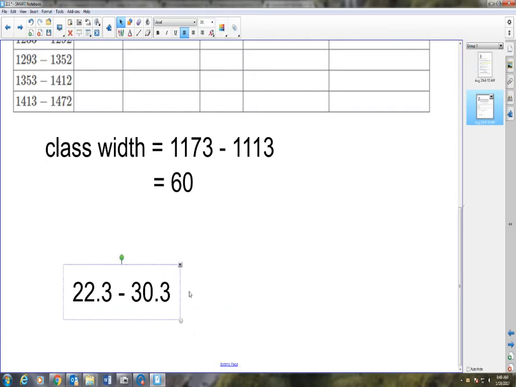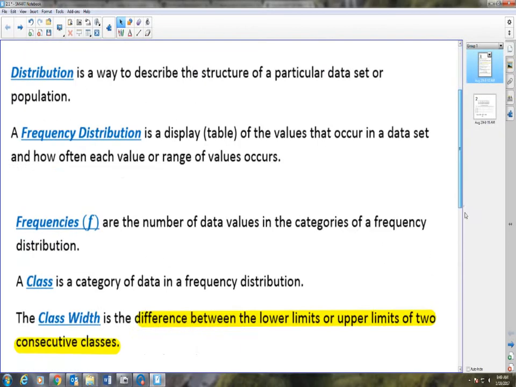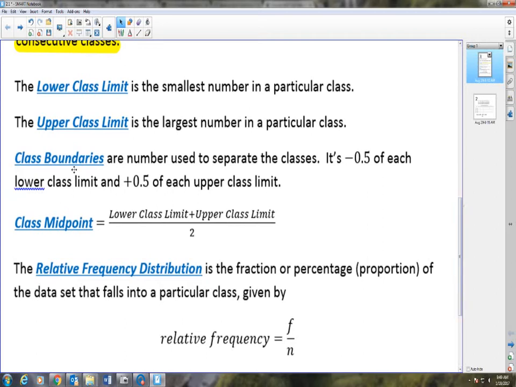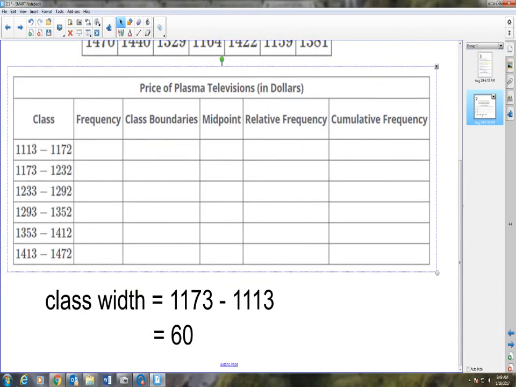Since I only have whole numbers in my example, for the class boundaries we will subtract 0.5 from each lower class limit and add 0.5 to each upper class limit. So why don't we just go ahead and do that real quick. Let me turn on my calculator.